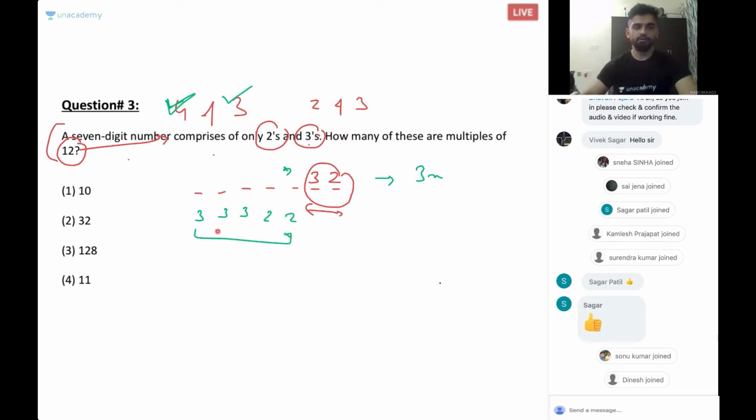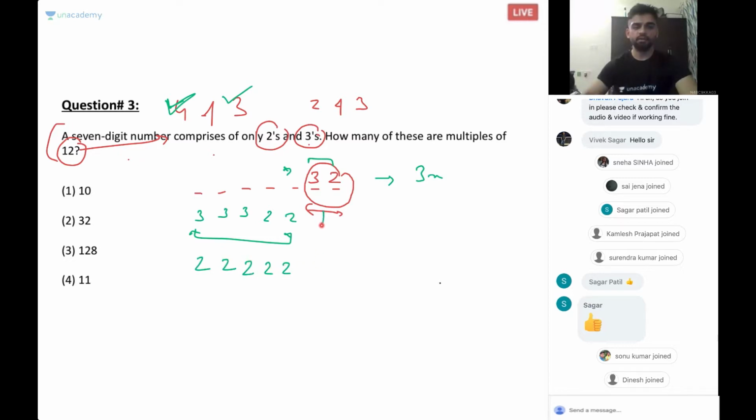So in this number, we can have 4 3s and 3 2s. In that case, the number will become a multiple of 3, where 3 and 2 are the last 2 digits. Or it can be that this is 2, 2, 2, 2, 2, that is 5 times here.